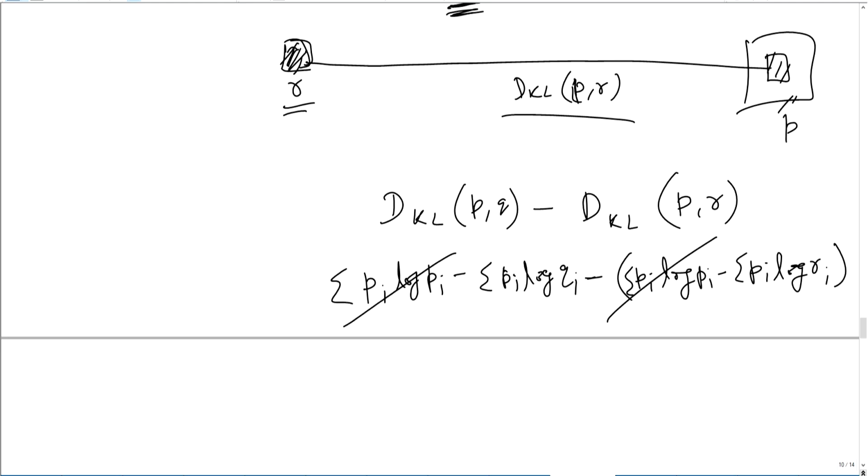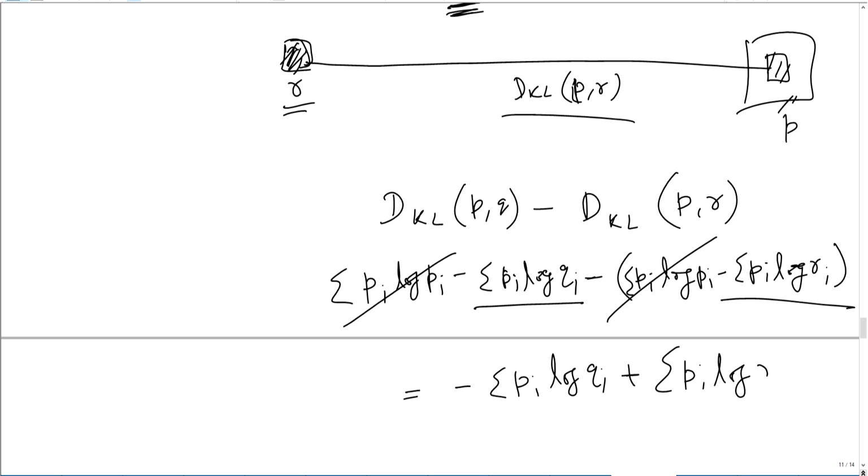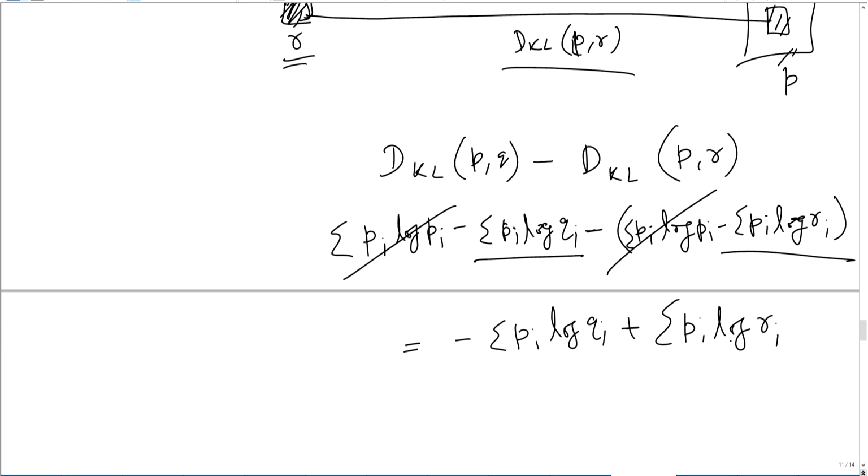So, what are we trying to do? We are trying to compute the relative distance of Q compared to R. What we will have is Pi log Qi plus Pi log Ri. This is a measure of how far model Q is relative to R. So, this is actually a metric of distance of model Q from the truth.